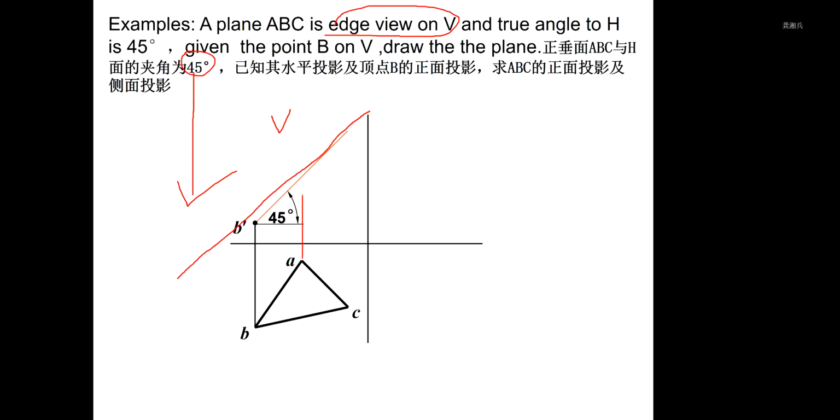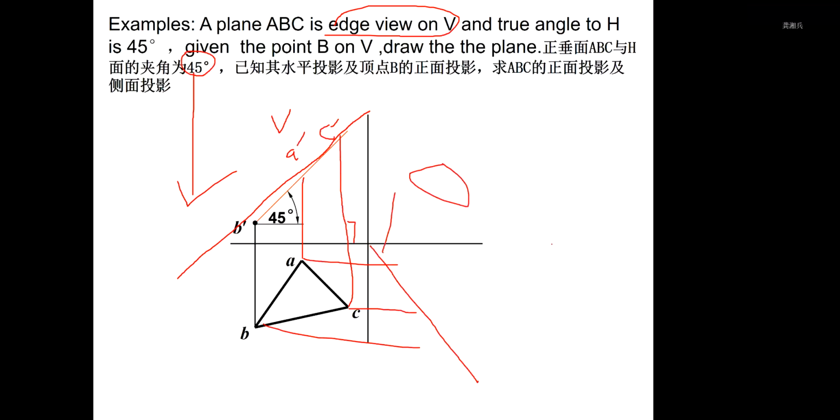So you can find A there. C should be on the line, the same thing. You extend it, this is 90 degrees. So you can get A there, C there. You can get ABC. You can use a happy line here, here, and here. You can get the shape ABC there. So this is the answer.